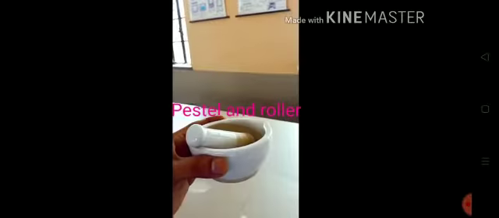pestle and mortar. For some chemicals you can mix them here by crushing and grinding. After that, tongs. Tongs are generally used for holding some magnesium ribbon or other chemicals.